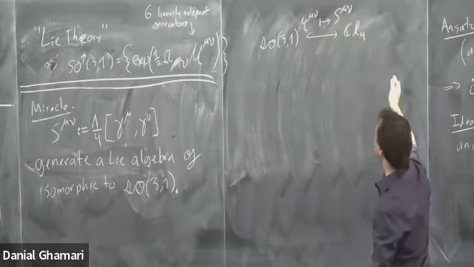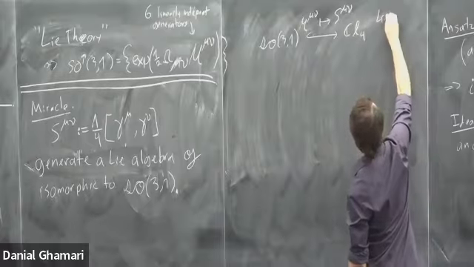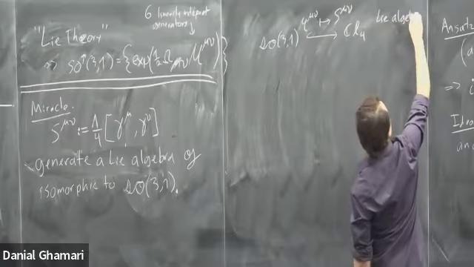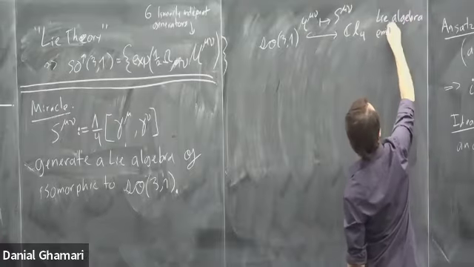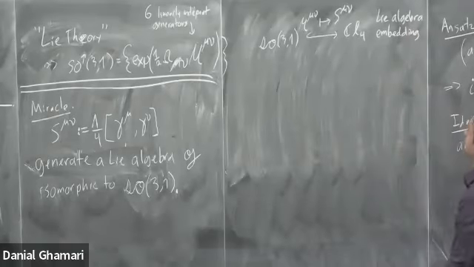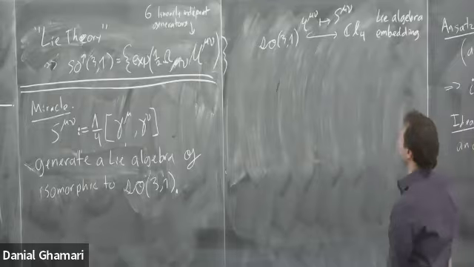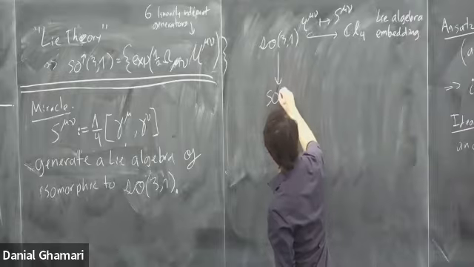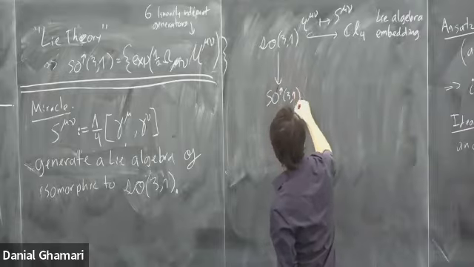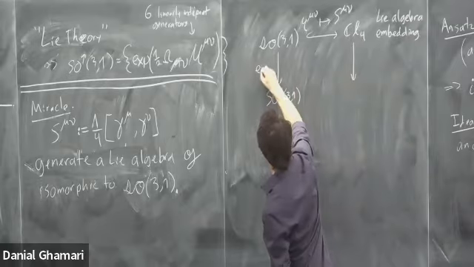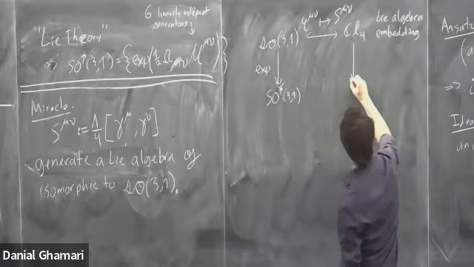So this is a homomorphism, a Lie algebra embedding. So what we want to do now is maybe get an actual representation of the Lie group into whatever is the exponential image of this. So this is the exponential map covering this.